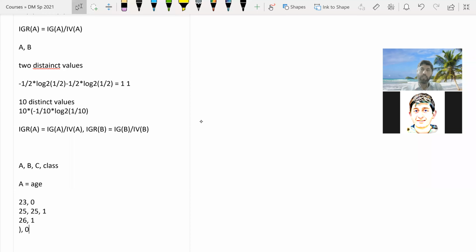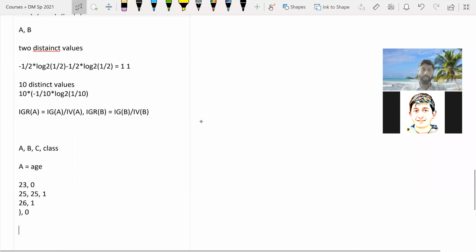Of course, this data set looks like this attribute doesn't really classify this data set, but it is just to explain how we do this.